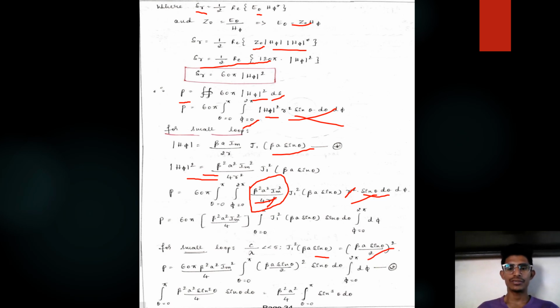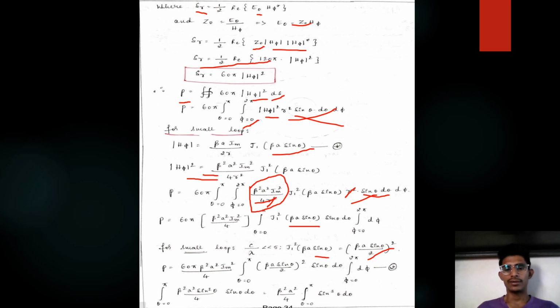And substituting this equation here, P is equal to 6 pi beta squared a squared Im squared divided by 4, and theta from 0 to pi, beta a sin theta divided by 2 whole squared, sin theta.